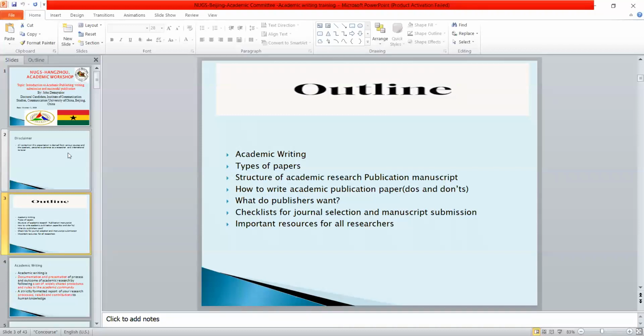Sometimes you do very good quality work, but if you don't know how to select a journal, your work will be rejected from several journals, and then you begin to ask yourself whether you are making any impact or not. So we need to look at how we can select good journals and then how we can submit our manuscript. Then finally, we'll look at very important resources for all researchers.